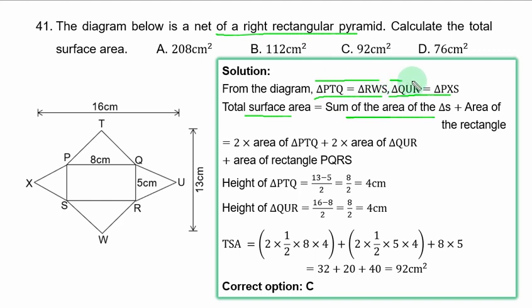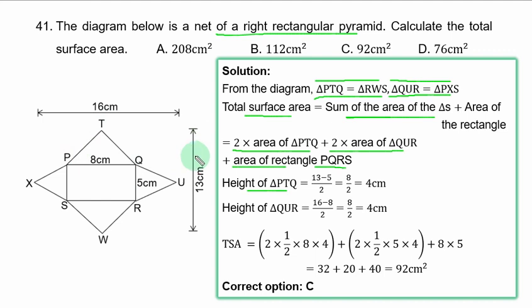The same thing you do for these two triangles. So from here, the total surface area becomes 2 times area of triangle PTQ plus 2 times area of triangle QUR. That 2 is because the two triangles are equal, plus area of rectangle PQRS. Let's get the height of triangle PTQ.